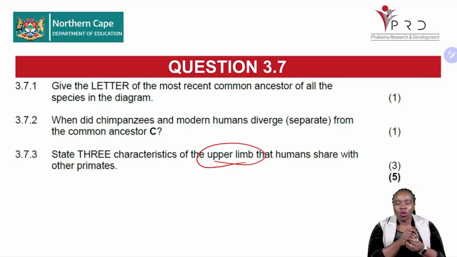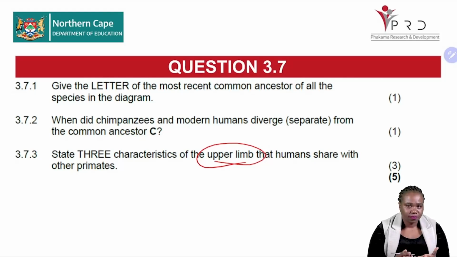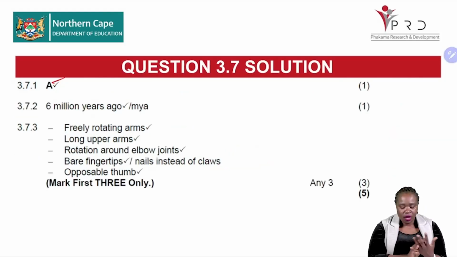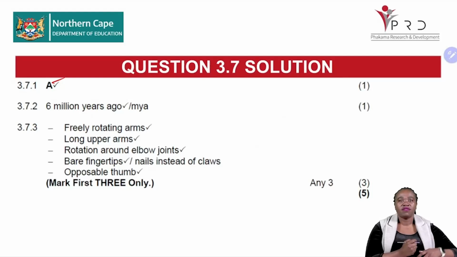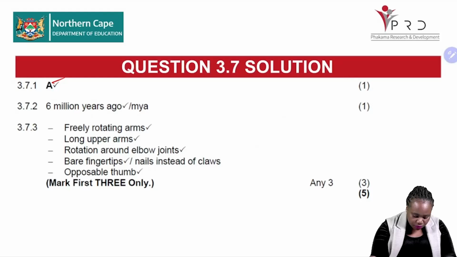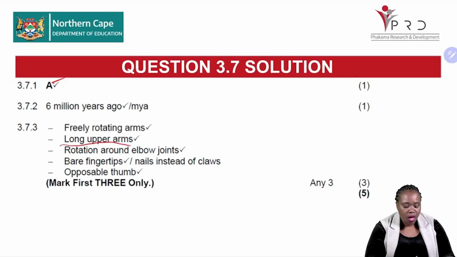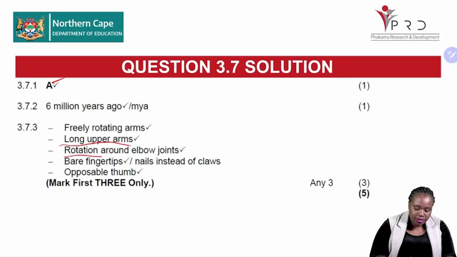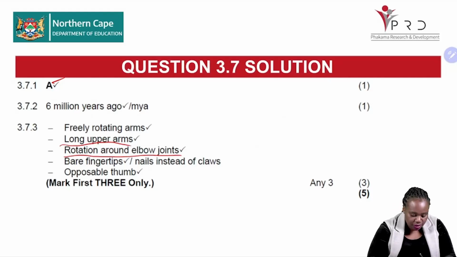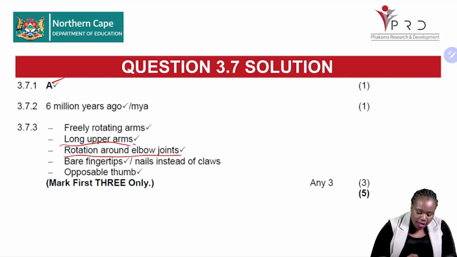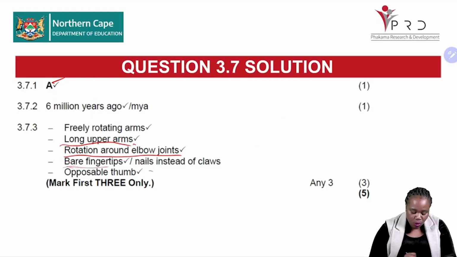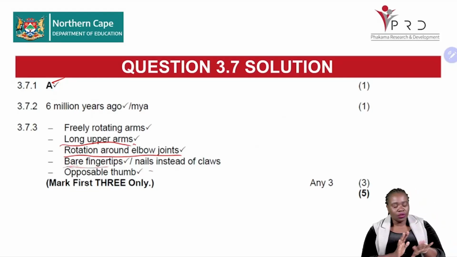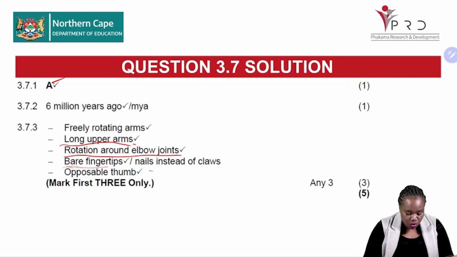You can mention that we all have five fingers as well, right? And then we also have that freely rotating arm. And the last one there, the upper arms are actually long, and there is that rotation around the elbow joints. So freely rotating arms, long arms, rotation around the elbow, bare fingertips instead of claws, and that opposable thumb. And also you can mention that we all have the 5 fingers.